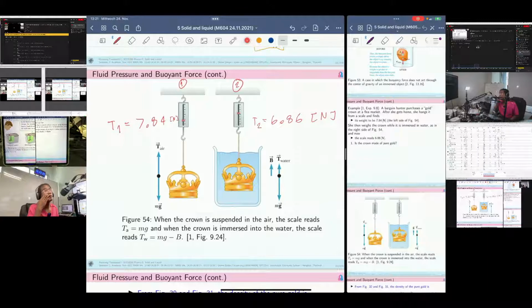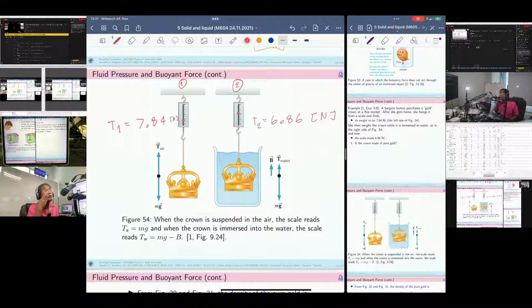Because we are interested in whether this crown is made of pure gold or not, so we need to know the actual property of this crown, or of the gold, right? So you need to know first what is the density of the gold, right?